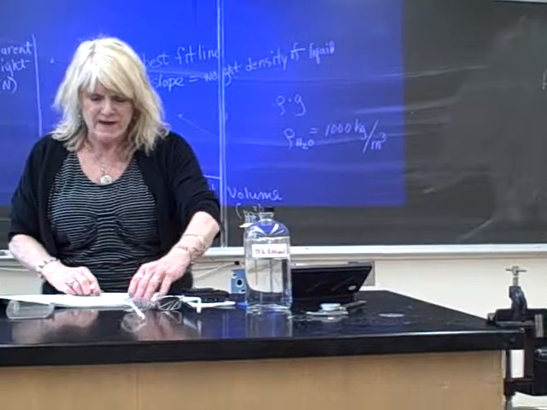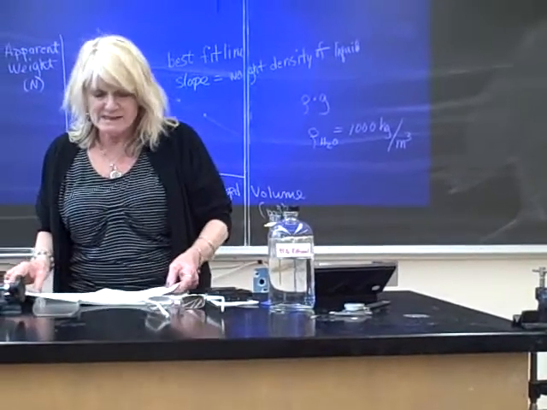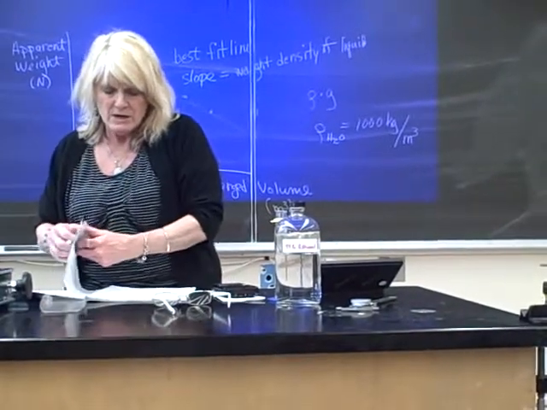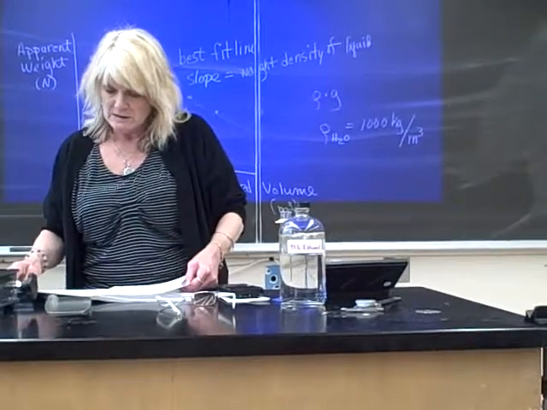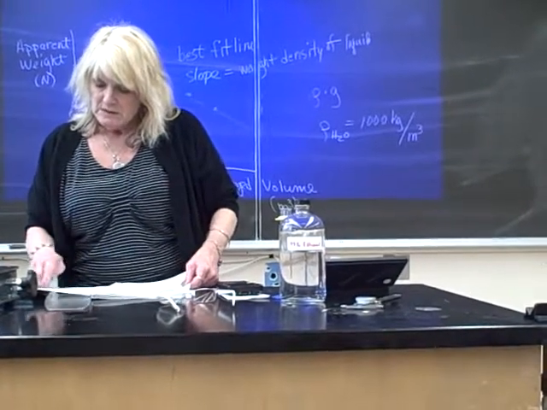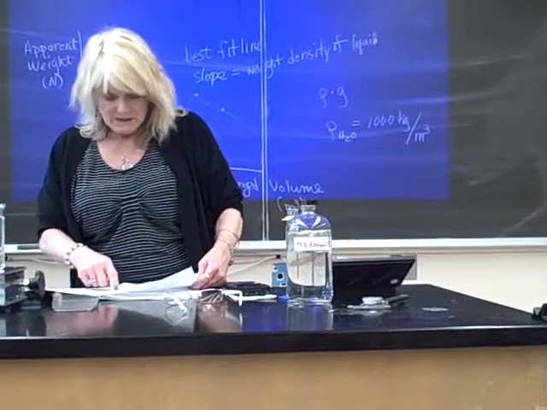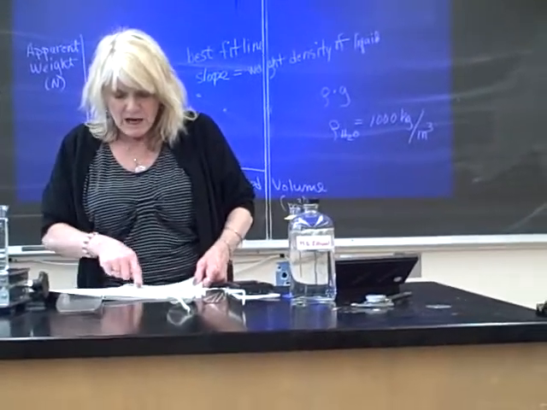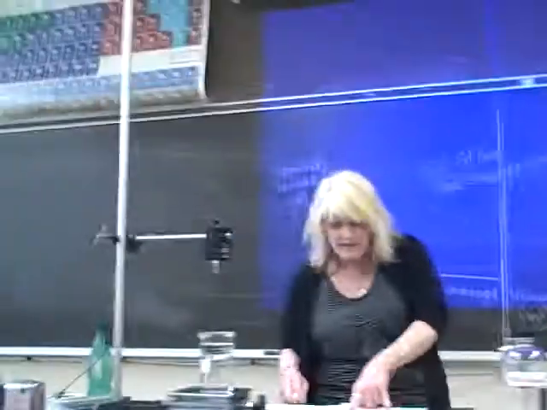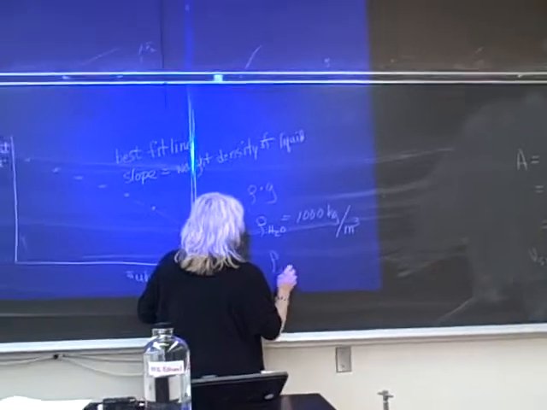And do I have the weight density or the mass density of alcohol in here? Oh, I'm hoping I do. I think I do, but I can't find it. 9.8 times 787. 787 is the mass density of alcohol.